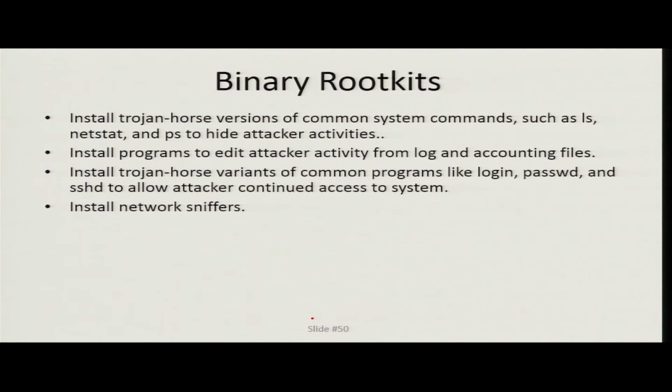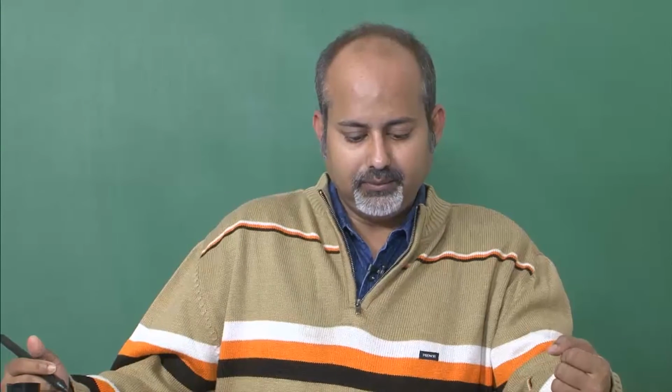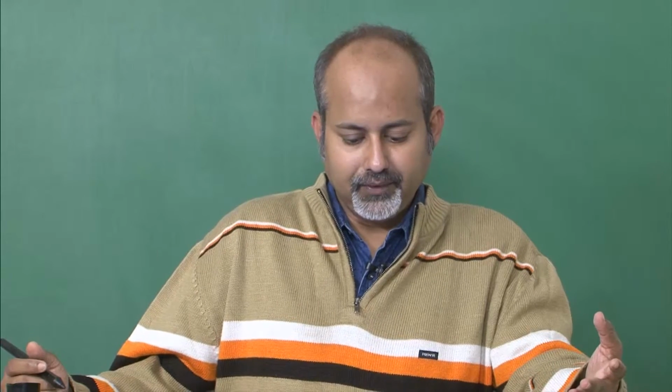So there are binary rootkits. They will actually install common programs with their versions like ls, netstat, ps and things like that, so that when those things are used to check system state, they are going to show different things.